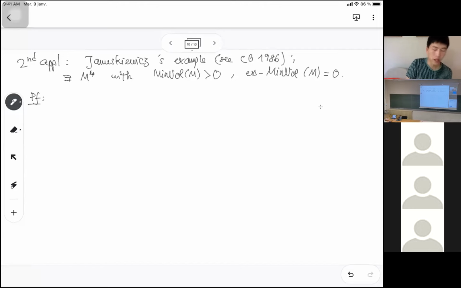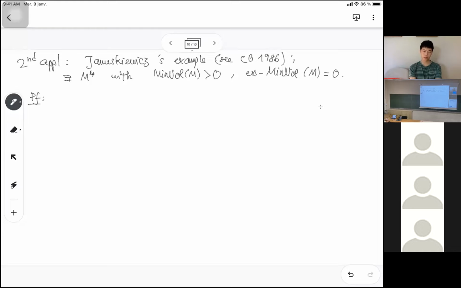Let's see. So how do you construct such an object? The idea is going to be to cook up a 4-manifold that has a non-vanishing signature that will show that the minimum volume is non-trivial. But on the other hand, we will construct by hand almost an F structure of positive rank.